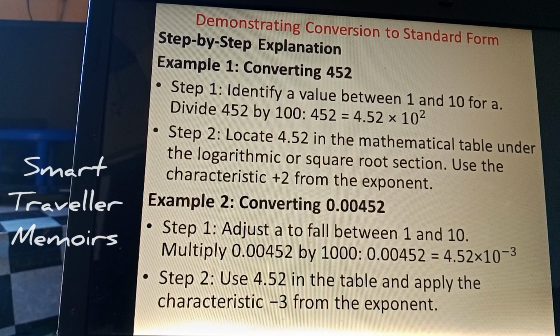So when you move the decimal to the right, the characteristic is negative. When you move the decimal to the left, the characteristic is positive. Step 2, use 4.52 in the table and apply the characteristic negative 3 from the exponent.